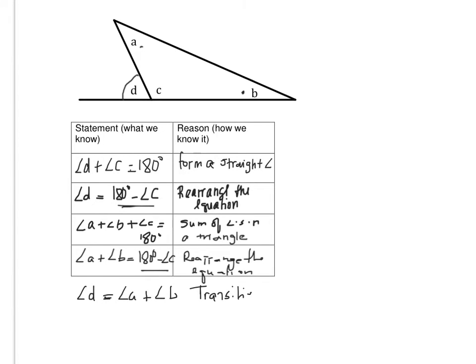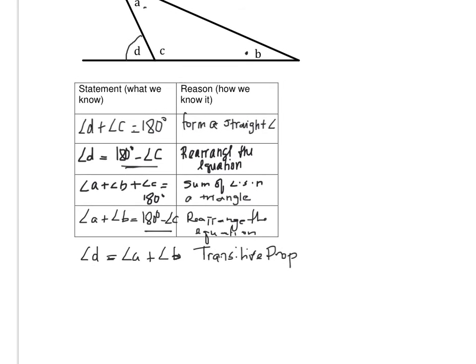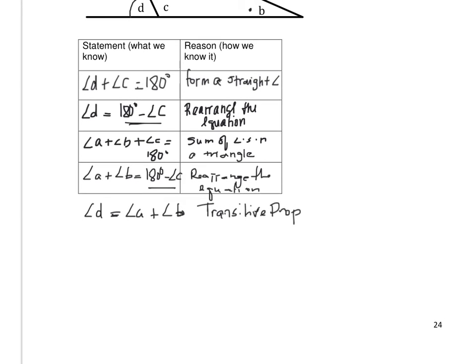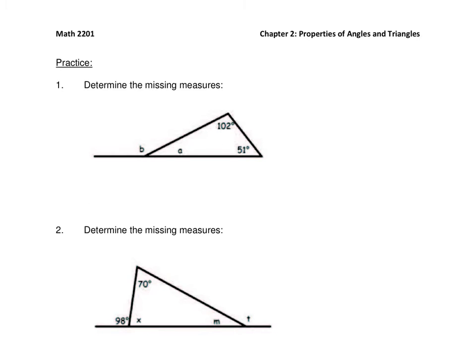So that proof was a little bit harder than the other ones, but you should be able to follow it now that you've seen it. Okay, so let's just practice using that rule now.